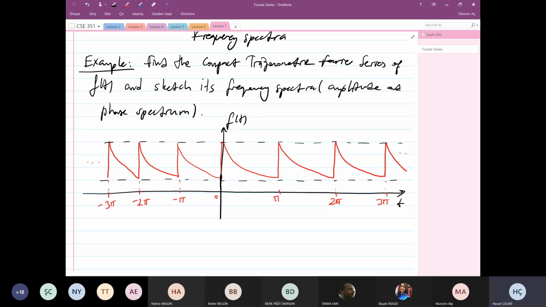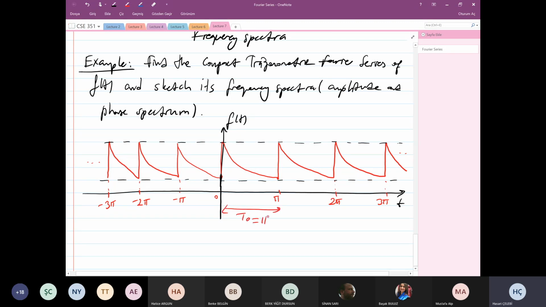The first question: is this a periodic signal? Yes. So how do we know that? One way to learn is you start from one point and you go to another point, and if you hit the same point in the next cycle, then this is your period.